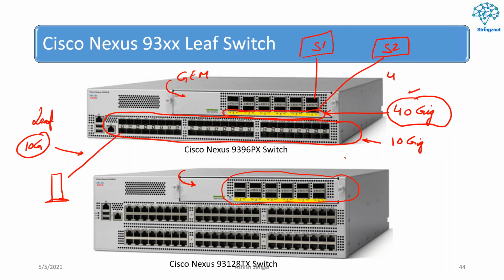Dear friends, let me tell you, using these interfaces only, this particular leaf switch is connected to a server which is known as our application policy infrastructure controller. Yes, what I'm trying to tell you is our APIC controller is nothing but a server.